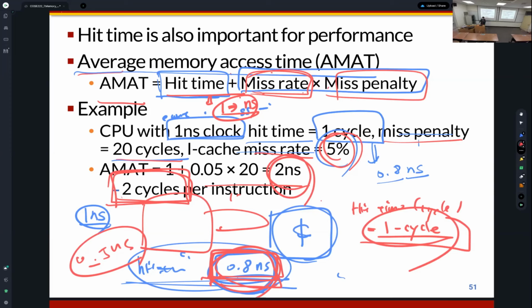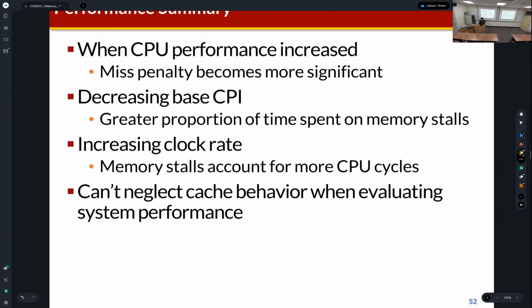So average memory access time represents the average cycles required for accessing cache for every instruction. Okay. So just memorize this equation. Average memory access time is the hit time plus miss rate multiplied by miss penalty.